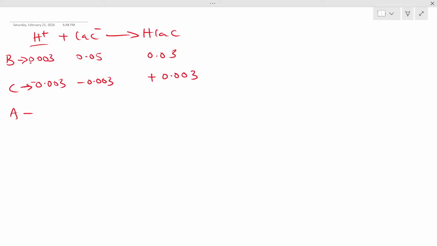So this cancels this, your after becomes 0 here, and 0.05 minus this will give you what? 0.047. Okay, and this is addition, and what you have here is 0.033.